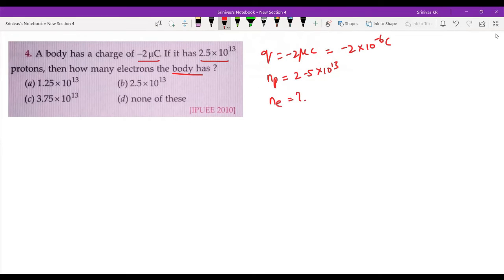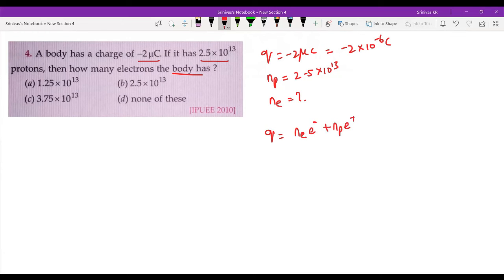So q is equal to ne, you know this. So q is equal to ne. Now since we have protons and electrons here, q can be written as ne, e negative, plus np, e positive.